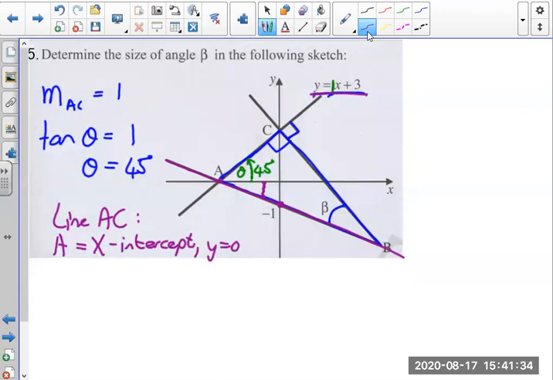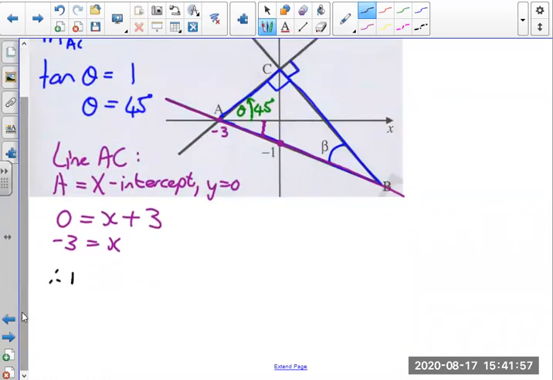So I must take the equation y equals x plus 3, and make y 0. That will give me an x of minus 3. So now I know this point here is minus 3. So can you see now, I can find the gradient of AB.